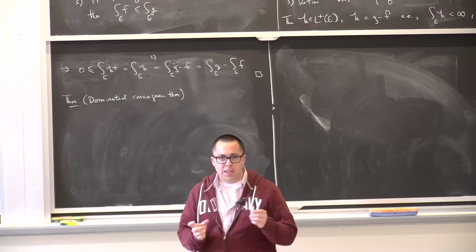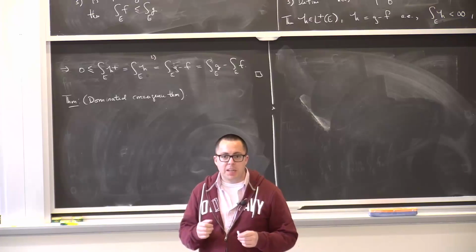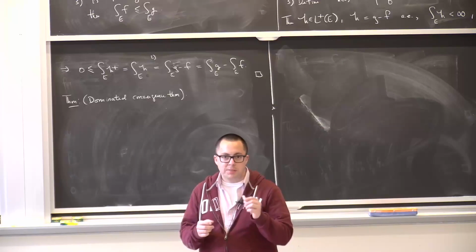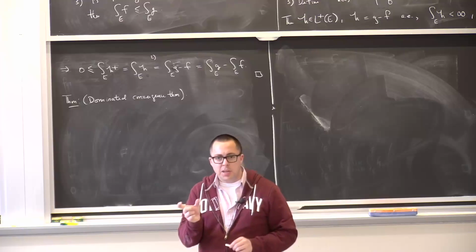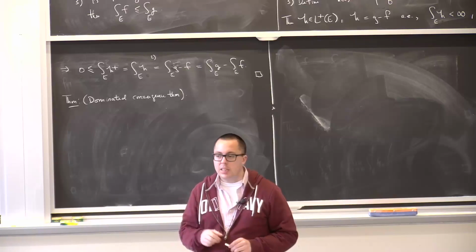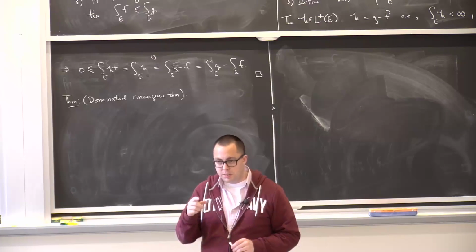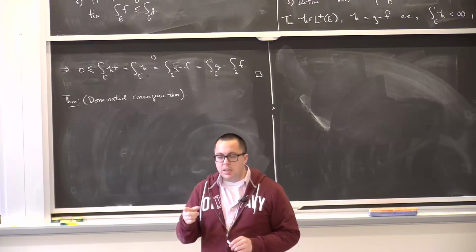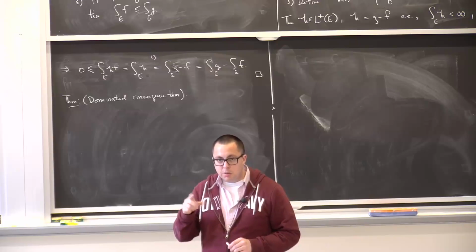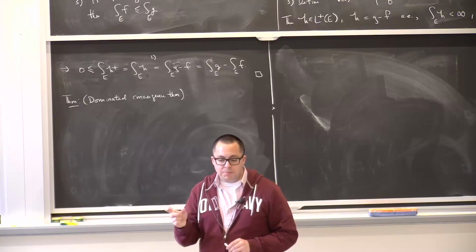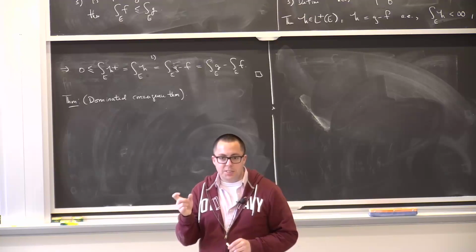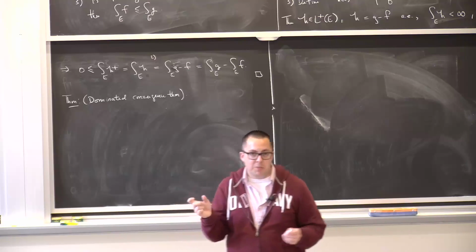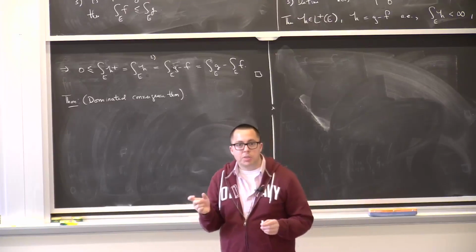And therefore, by monotonicity of Lebesgue integrals, the integral of the absolute value of f over the interval [a,b] will be less than or equal to the integral of the constant over [a,b]. And the integral of a constant is just equal to the constant times the measure of the set, just by how we've defined the integral of simple functions.